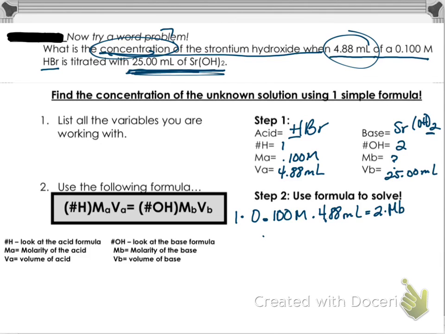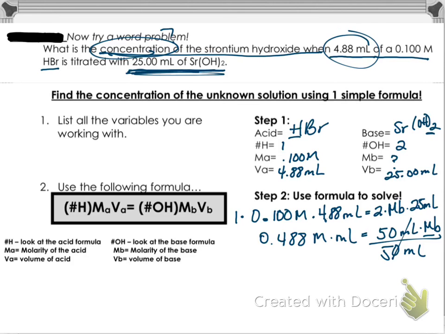We don't know the molarity of the base, times the volume of it, which is 25 mLs. And I'm going to cut off some of those sig figs so I can put this on my screen. All right, so let's start to solve. Okay, so 0.488 molarity times milliliters is equal to 50 milliliters times molarity. And so, I'm sorry, the molarity of the base. So how do I get my unknown by itself? We're going to divide by 50 mLs on that side, and what we do to one side, we will do to the other.